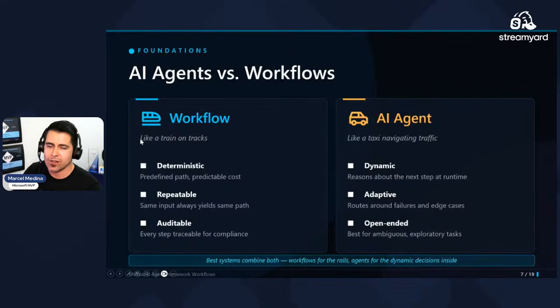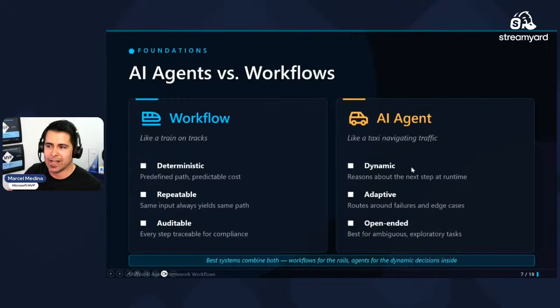What's interesting here is that it's like a train on tracks. It doesn't deviate from what comes next, so you know exactly what's going to happen when it starts and when it finishes. However, an AI agent is like a taxi navigating traffic. It's completely dynamic.